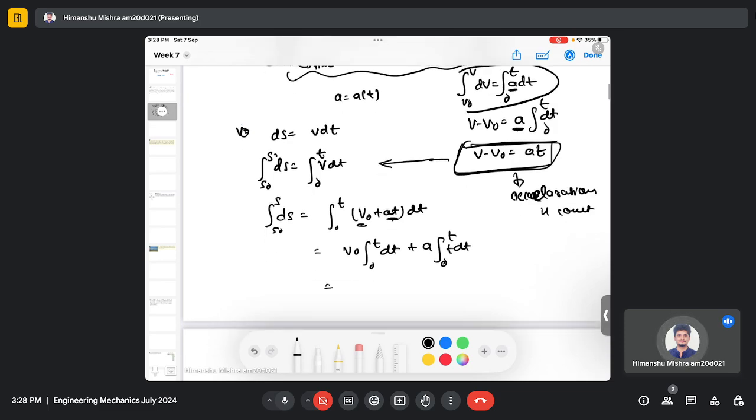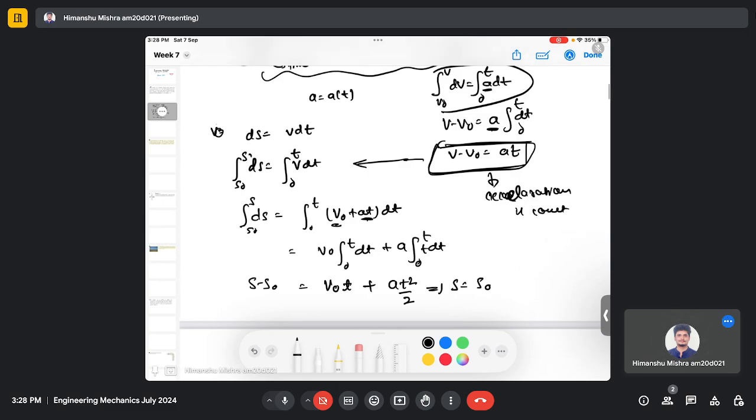If I integrate this, this will become s minus s0, and this will be v0 t plus a t square by 2. So my s will be s0 plus v0 t plus a t square by 2. And you can see you will get another equation which is valid only for constant acceleration.